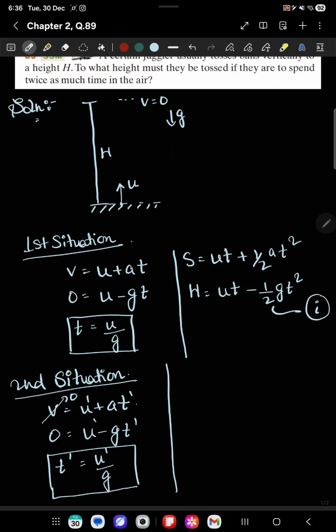And if I am writing the height equation, it will again be s equals ut plus half at square.